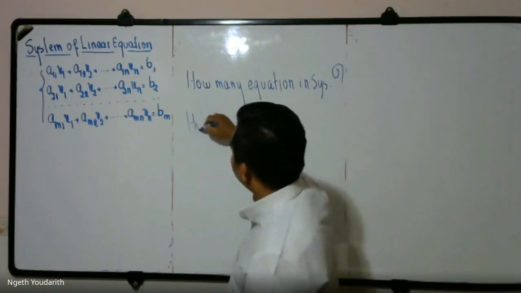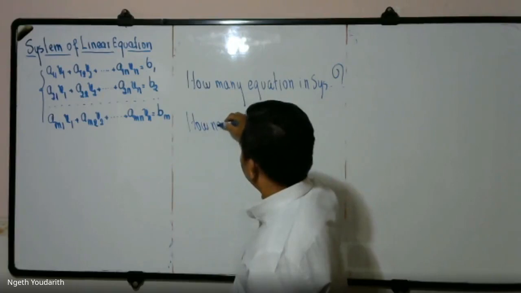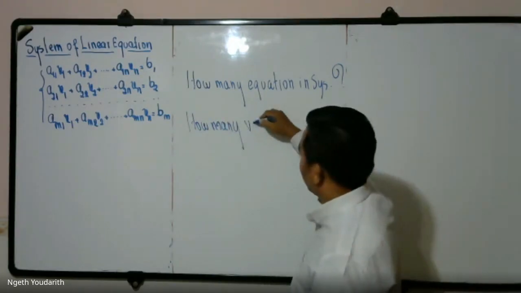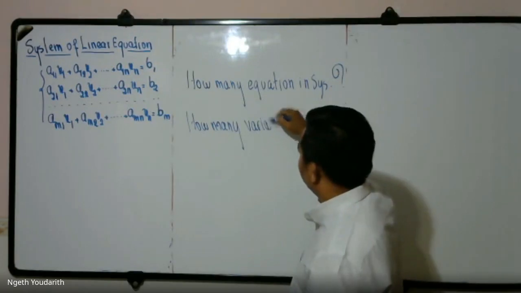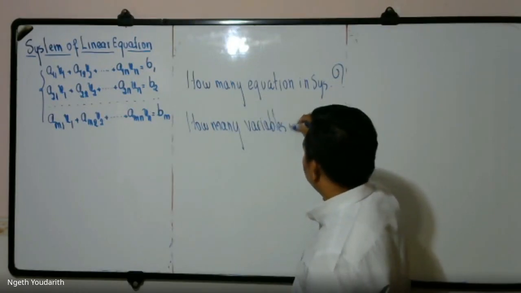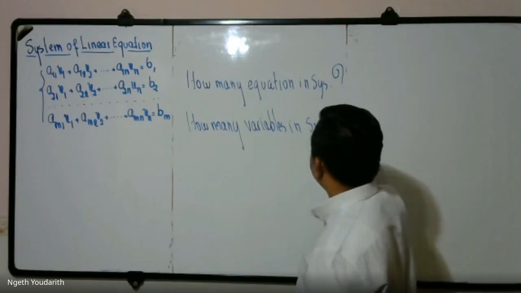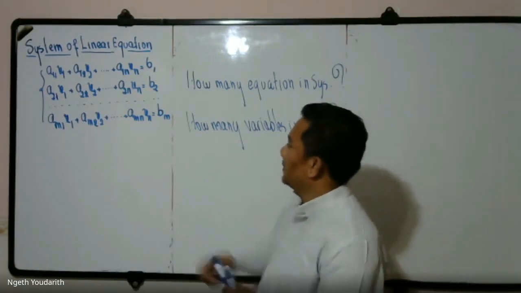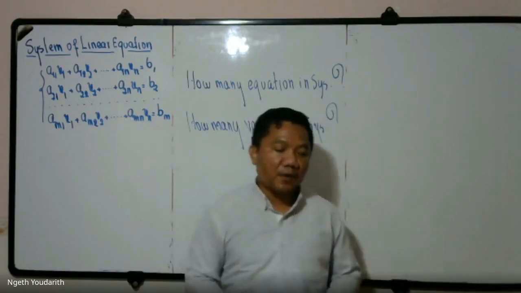How many equations in this system? And how many unknowns or variables in the system of linear equation?